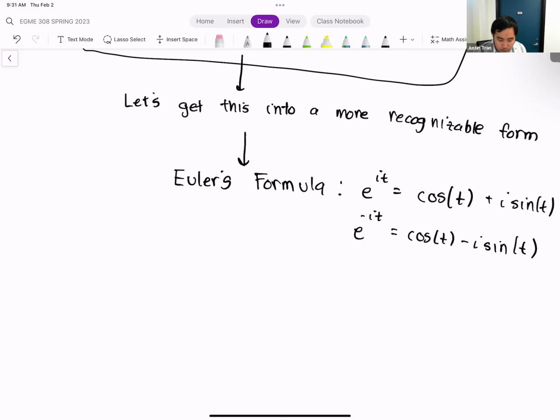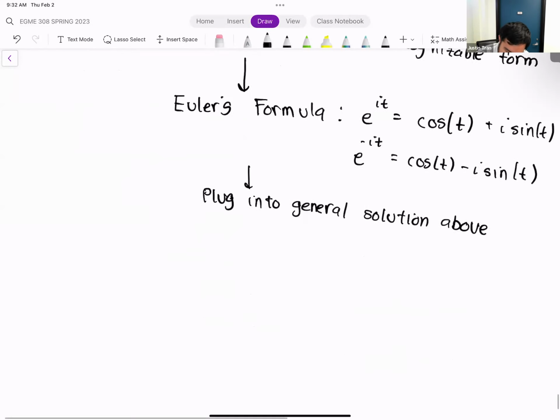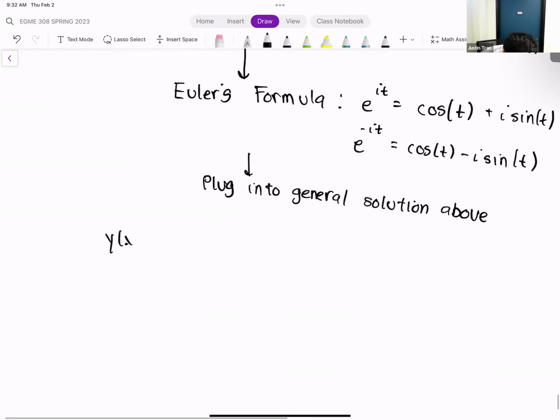All right, so let's use Euler's formula and plug into the complex exponentials of our general solution above. Okay. So we have y of x is equal to e to the minus 1/2 ax.